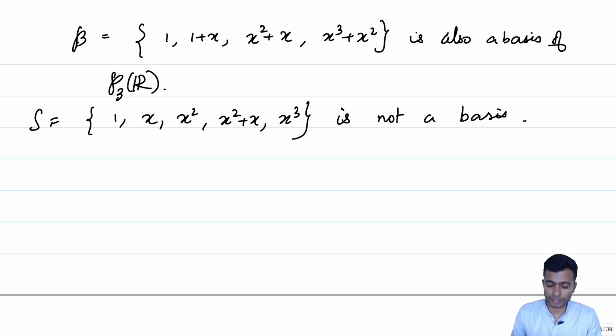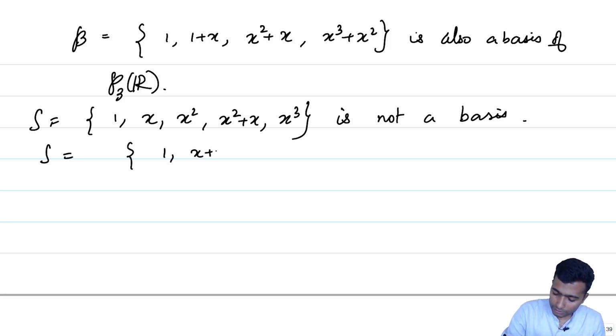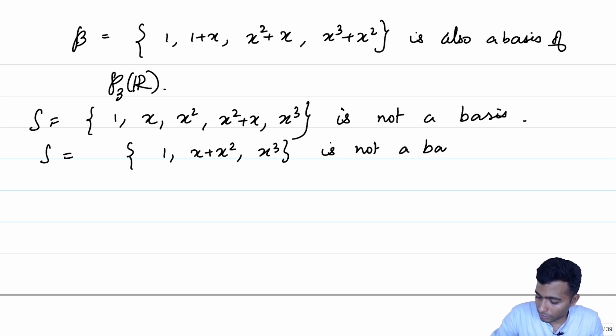It's not linearly independent. Similarly, if you look at 1, x plus x square and x cube, this is also not a basis, though it is linearly independent, because it is not a spanning set.